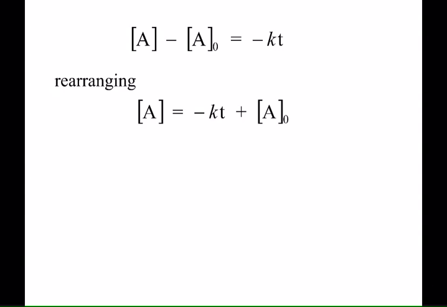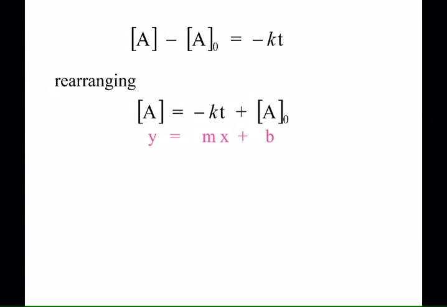So we can take this and rearrange it a little bit to get something we can plot. A is equal to A0 minus KT. Okay, so then we are ready to have something we can plot.